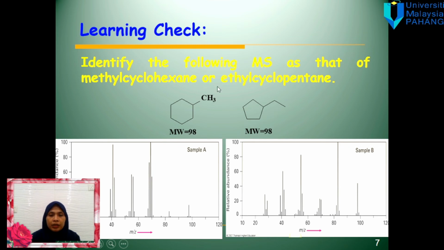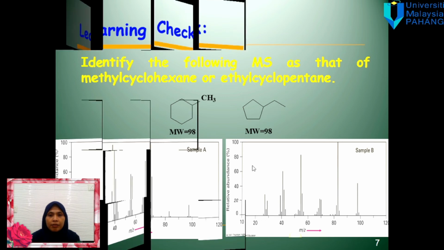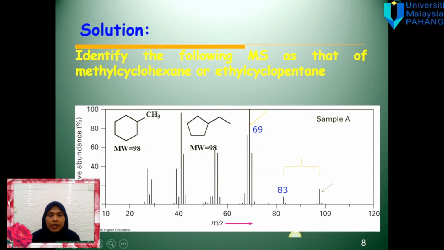We have to determine which spectrum belongs to which compound. So how can we determine? See the example for spectrum A. For this unknown spectrum, which compound does it belong to? We have to look at the fragmentation pattern.